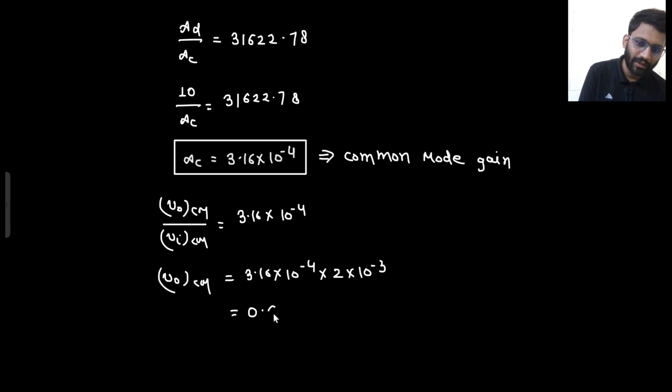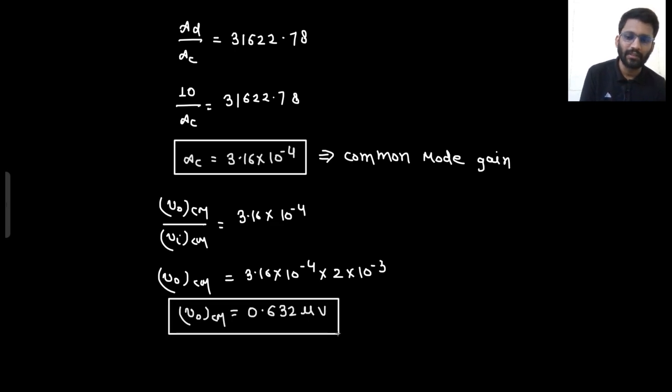So 0.632 microvolt. This is your common mode output. So your common mode output was 0.632 microvolt. This is the final answer.